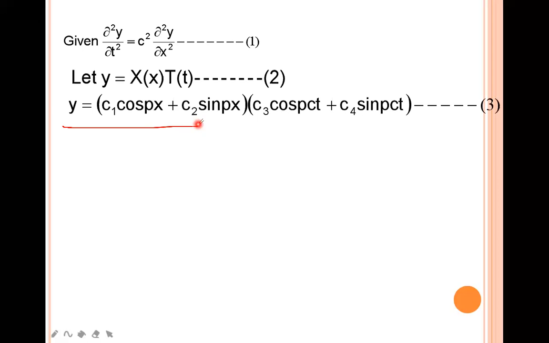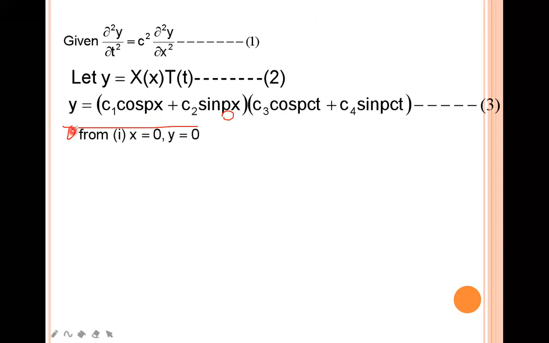In this, first we substitute the first condition, that is y equal to 0 at x equal to 0. So put y equal to 0 and x equal to 0. If x is 0, sin 0 is 0, so this value is 0, and cos 0 is 1, so c1 into c3 cos pct plus c4 sin pct equals 0.